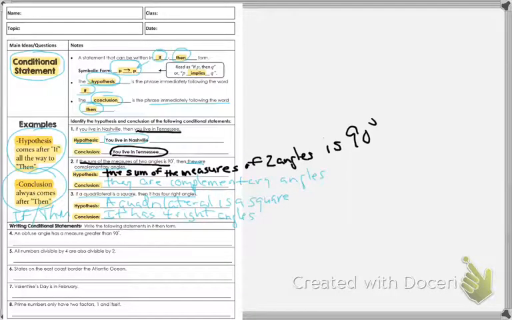So if I wanted to put it in if-then, we could say if the angle is greater than 90 degrees, then it is obtuse.